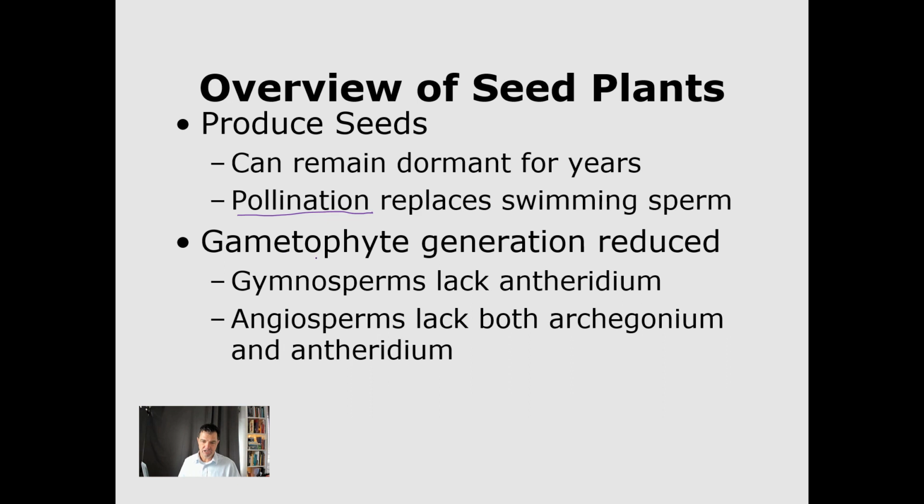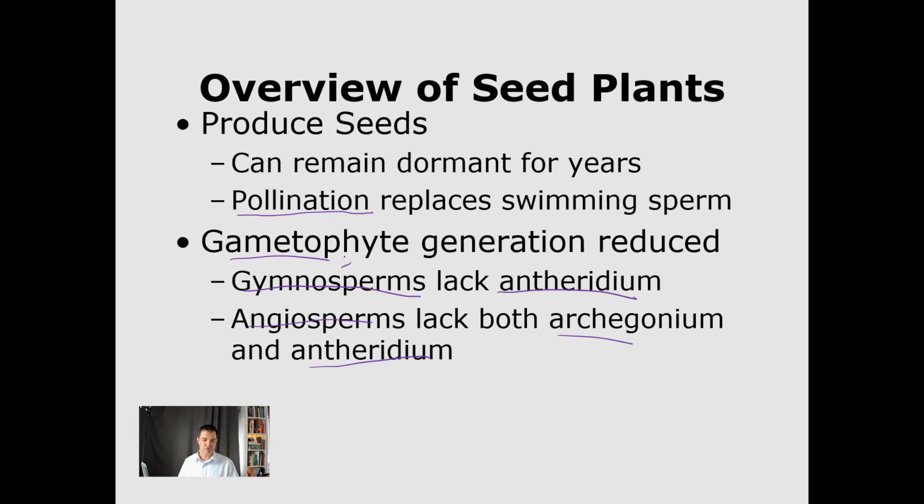The gametophyte generation is going to end up being reduced, and we'll see that gymnosperms end up lacking an antheridium altogether, and angiosperms will lack both an archegonium and an antheridium. So when we say the gametophyte generation is reduced, it means there's less of it, less structural support.